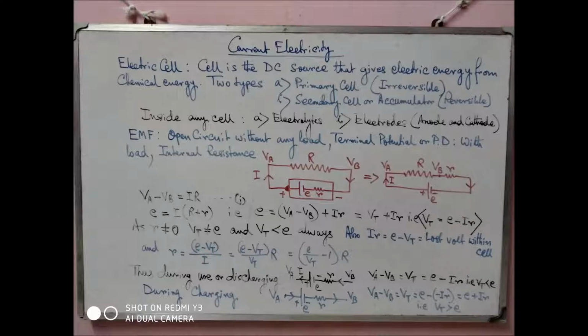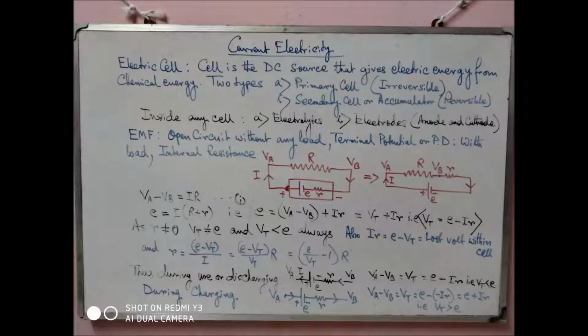Anode means positive, cathode means negative. But just the opposite is observed inside the cell. That means inside the cell, the direction of electron is from anode to cathode. Correct? Anode to cathode, and then it is forming a cycle.